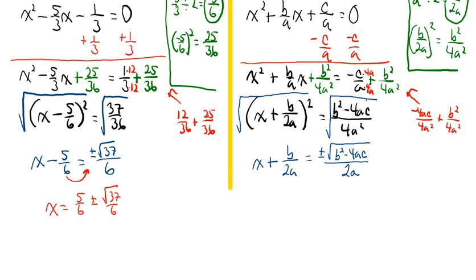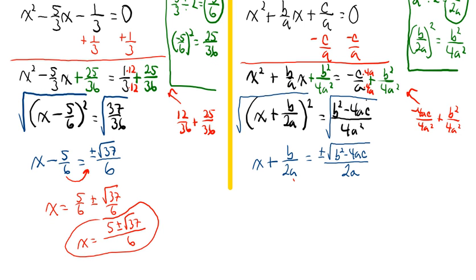And since we have a common denominator, we can write that like this. 5 plus or minus the square root of 37 over 6. It's really two answers. It's 5/6 plus the square root of 37 over 6 and 5 minus the square root of 37 over 6. Over here, we're going to do the same thing.